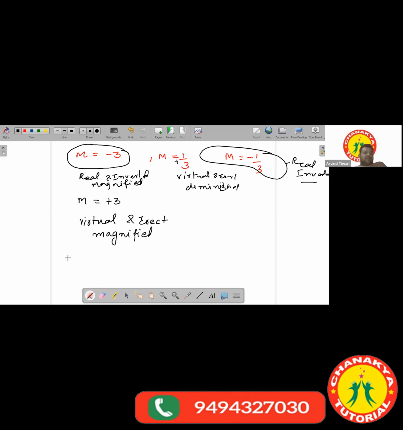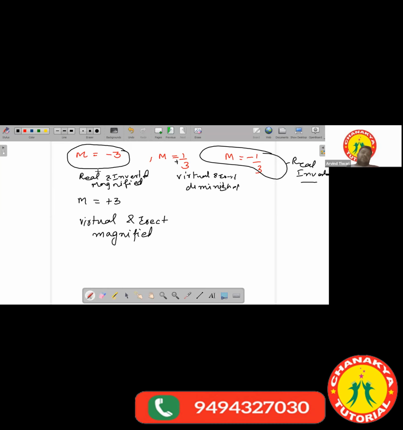Okay, now I have some questions from other people who did not speak. Aryan, which mirror can give you the magnification as -3? Concave mirror.